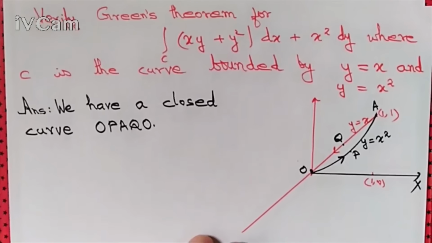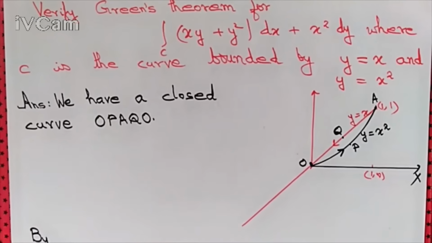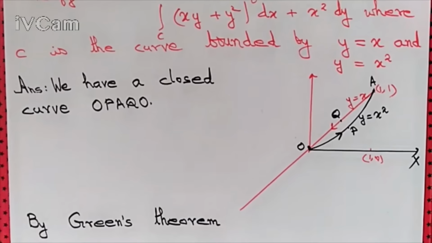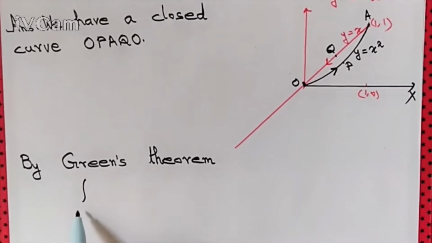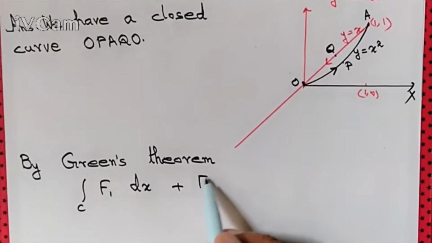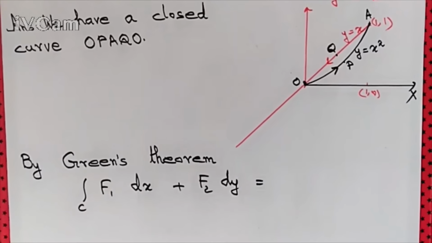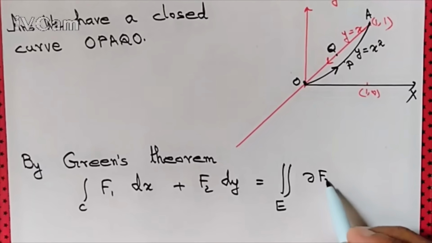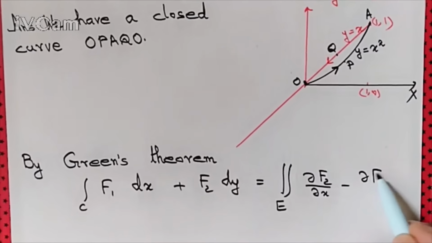By Green's theorem, the integral over the closed curve of f1 dx plus f2 dy equals the integral over the region of del f2 del x minus del f1 del y dx dy.